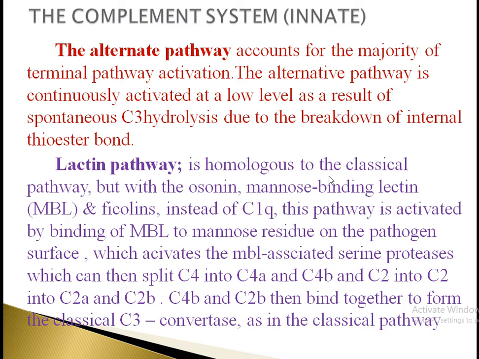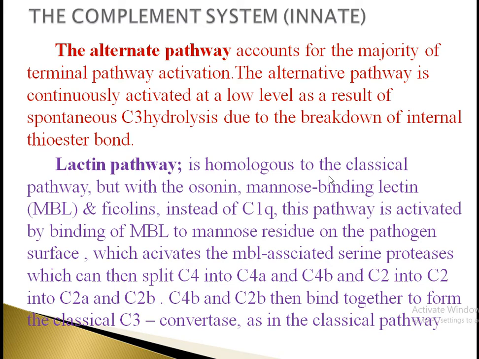Now, what is the lectin pathway, which is the third important pathway? It is homologous to the classical pathway but with some differences. Instead of C1q, this pathway is activated by binding of MBL to the mannose residues on the pathogen surface, which activates MBL-associated serine proteases.